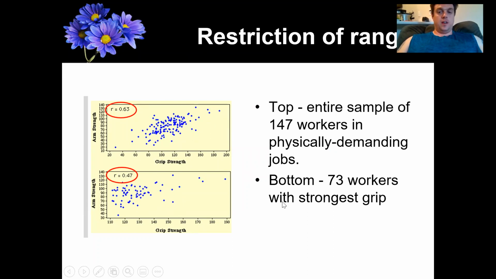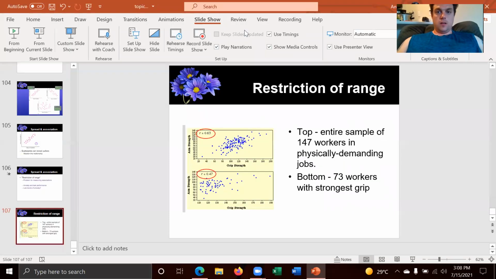So if you're just looking at, say, the top end on the bottom here, that actually gives you a weaker correlation than including the whole range of, say, 20 to 100, like we want. So bottom line is you want a good range when it comes to your correlation. You want everything high, low, in the middle, okay, rather than just one section of that. Okay. That's it for now.